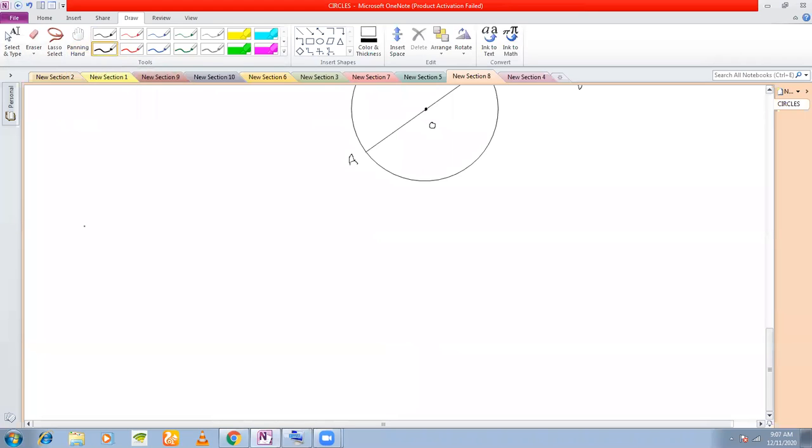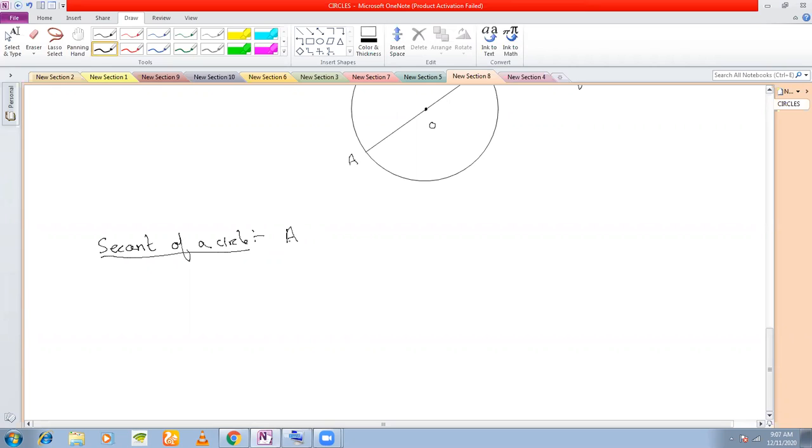Next, what we define is the secant of a circle. A straight line intersecting the circle at two points is called the secant of a circle.